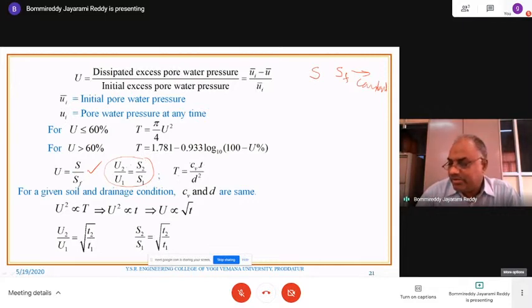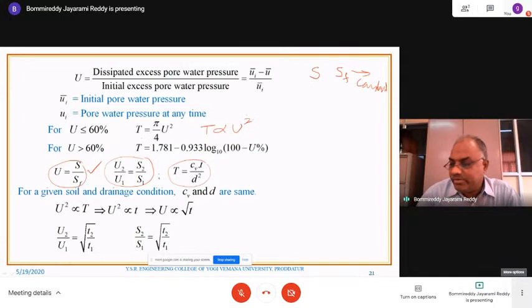And already you know that T equal to CV t by D square. Here you need to remember certain simple equations, this equation and also this equation. Based on these, you can write any other variables. So observe, what is the relation between T and U? Time factor always depends on the degree of consolidation. T is proportional to U square.